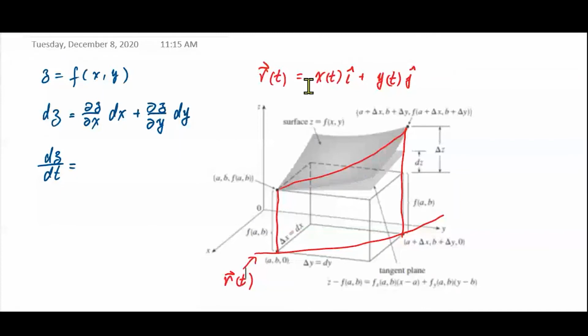So that's simply dividing. Did I write z? Oh my God. So partial z over partial x times dx dt. You get it? Derivative of this thingy. You multiply it, and plus partial z over partial y times dy dt is how the chain rule works out.